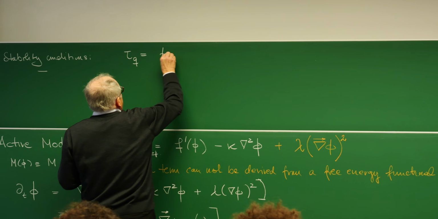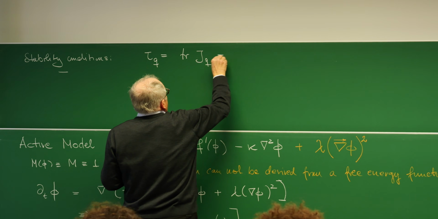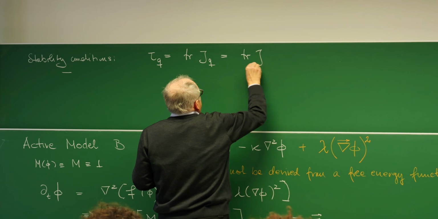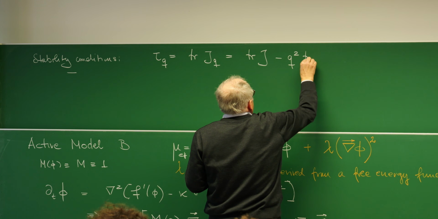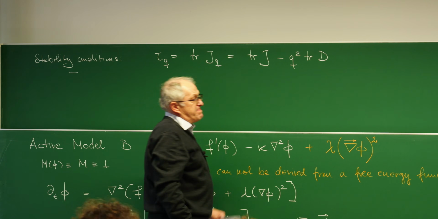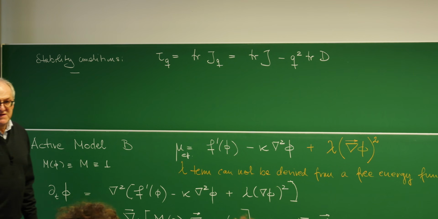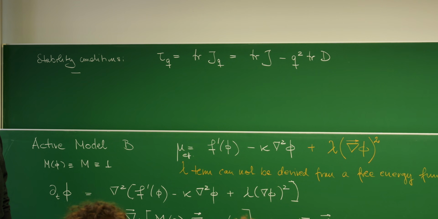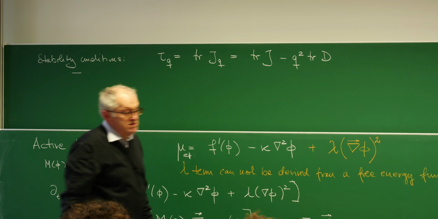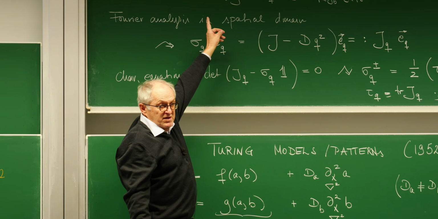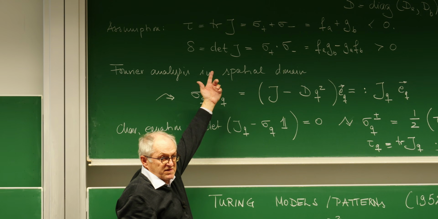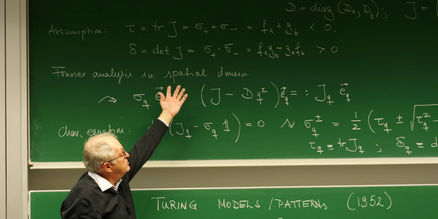So the trace of Jq is the trace of J minus q squared trace of D. What do we know about this? We made an assumption. The assumption we made is that our steady state is stable with respect to homogeneous perturbation.